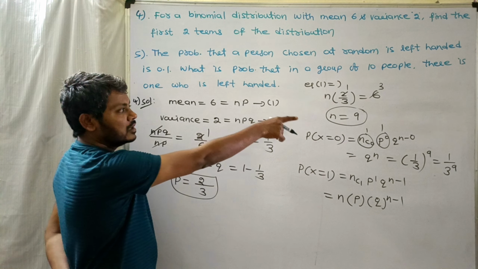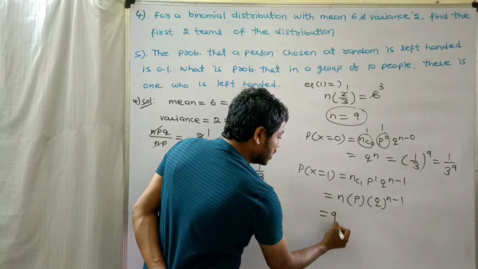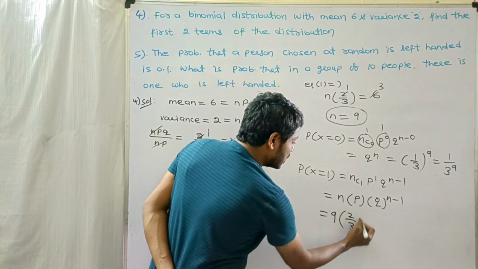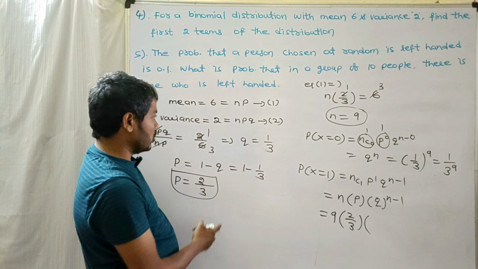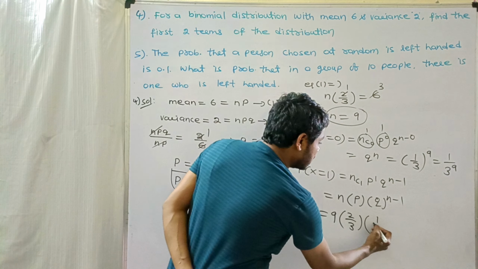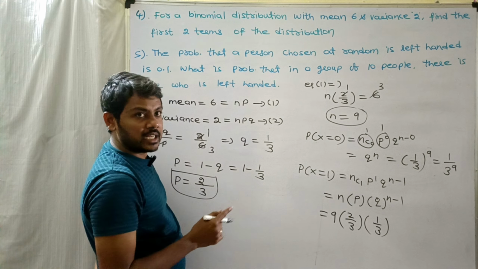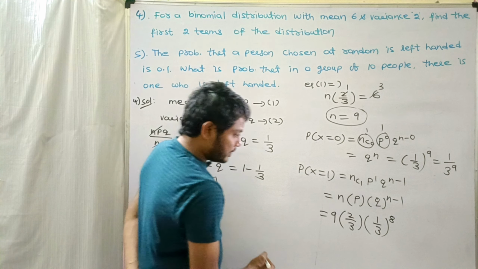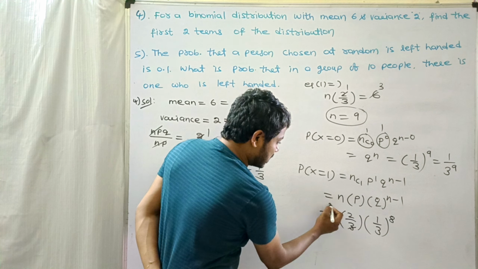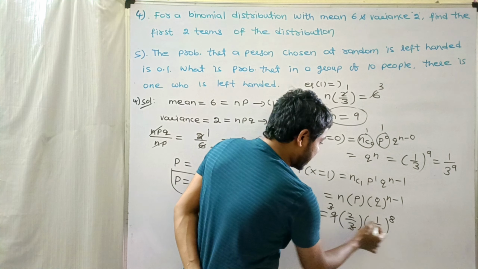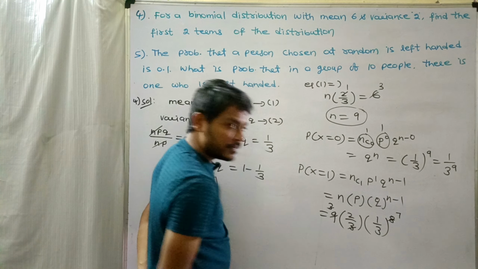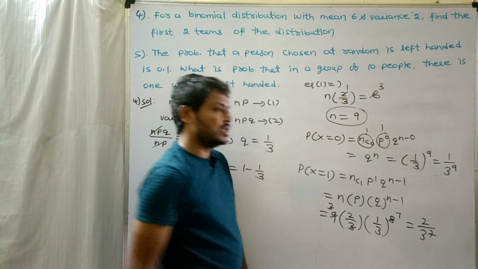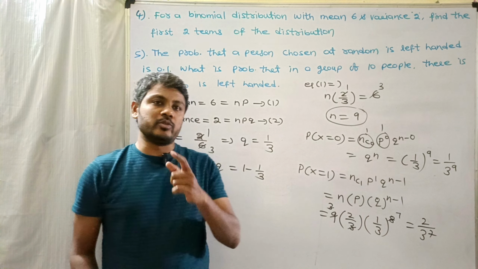Since n is 9, into p which is 2 by 3, into q which is 1 by 3, whole to the power of n minus 1, 9 minus 1 is 8. So this is 3 ones are 3, 3 threes are 9, and one more 3 cancels, which is 7. So this equals (2/3)^7. This is the second term of the distribution.